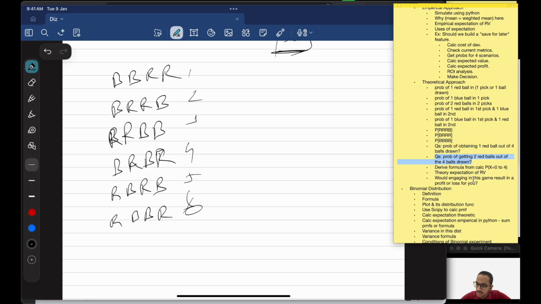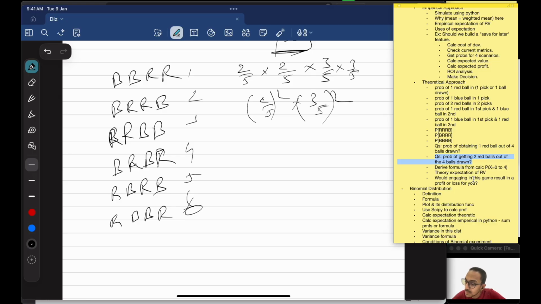And obviously the procedure remains the same. We will calculate the probability of blue is 2 out of 5 times 2 out of 5 times 3 out of 5 times 3 out of 5, which is nothing but 2 by 5 whole squared times 3 by 5 squared. This is for case 1. The probability value will remain the same for all 6.